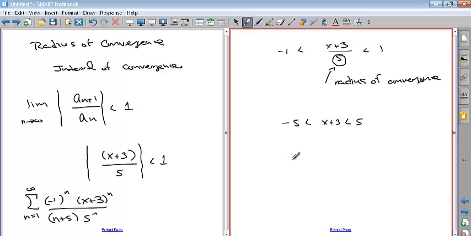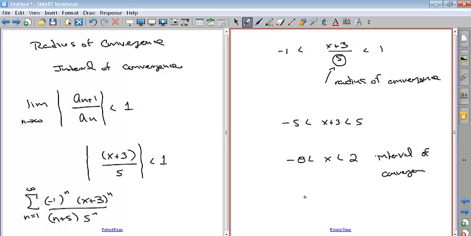And then I would subtract 3 from each term, and I would get that. So this is my interval, except I have to do the endpoints, but the interval part is this inequality. Now there may be equal or not equal, and you have to do the endpoints. We've done quite a few of those, so I'm not going to do any more. You can look back at your notes. So that's the interval of convergence.